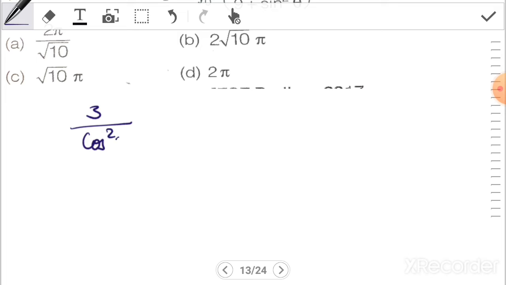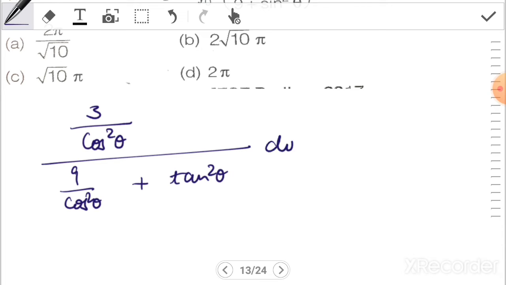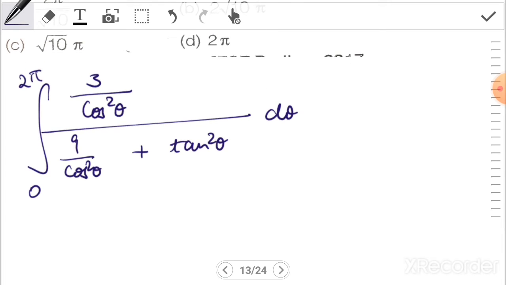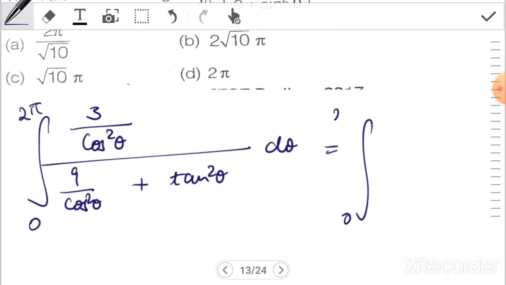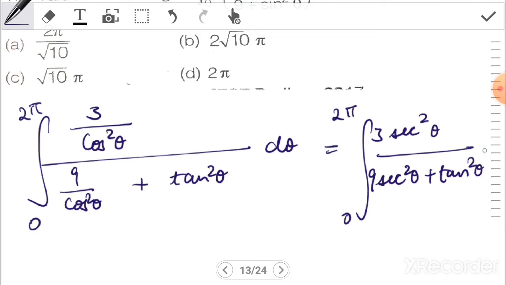So cos square theta by 9 by cos square theta plus sin square theta by cos square theta, that is tan square theta, d theta, 0 to 2 pi. So this is 0 to 2 pi of 3 sec square theta by 9 sec square theta plus tan square theta d theta. Right?